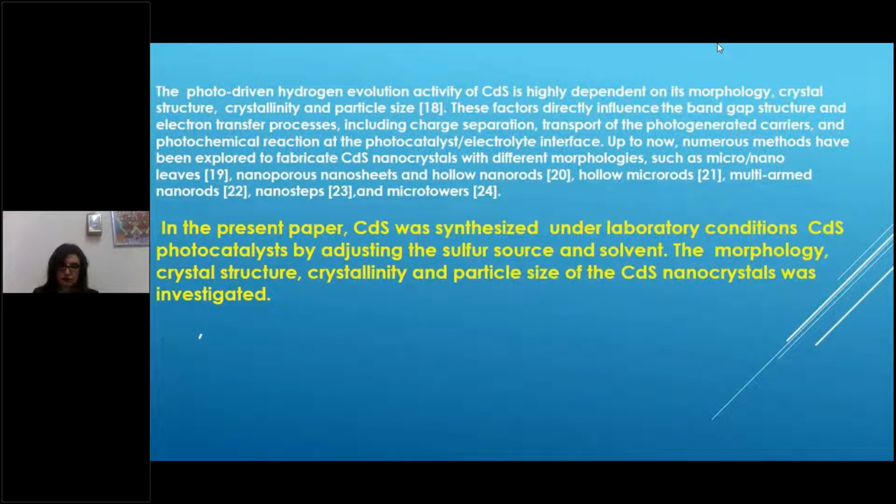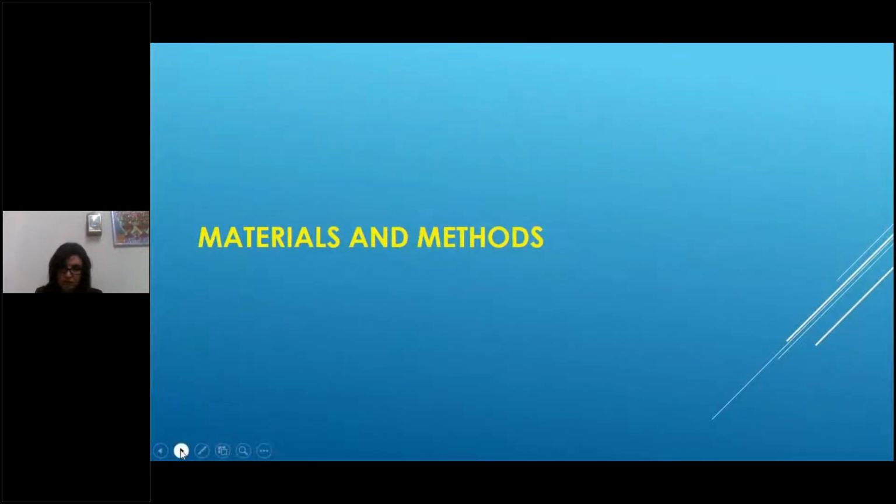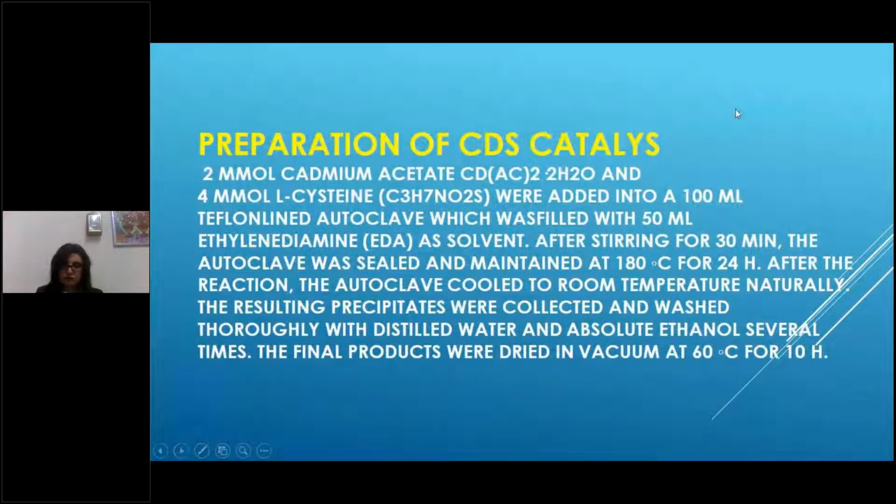In the present paper, cadmium sulfide was synthesized under laboratory conditions by adjusting the sulfur sources and solvent. The morphology and crystal structure were investigated for hydrogen production. The cadmium sulfide catalyst was produced by using cadmium acetate, with cysteine as a sulfur source, and ethylenediamine as the solvent.